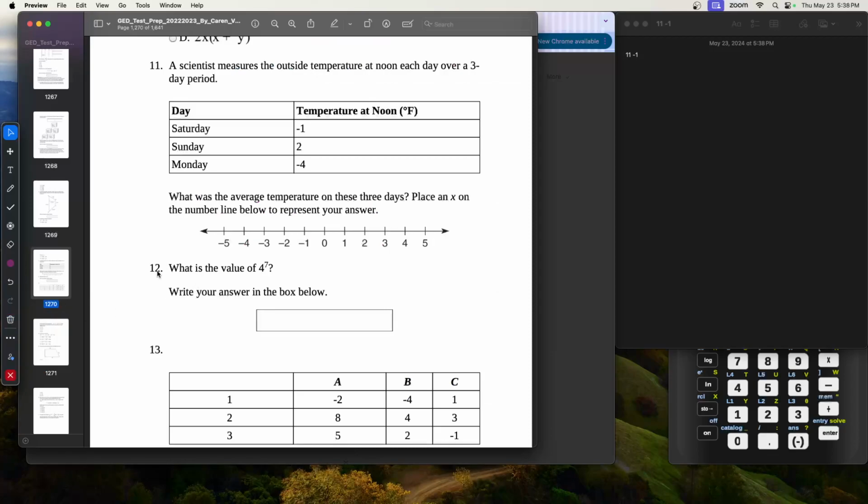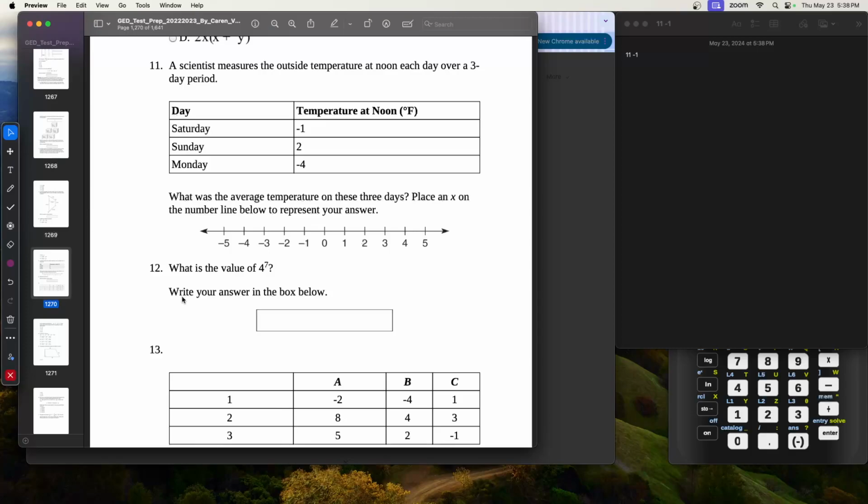This one you just want to straight up use your calculator. Hopefully you can do that. What is 4 to the 7th power? Honestly, I have no idea. It's going to be a very big number. 4 to the 7th. It's gigantic.